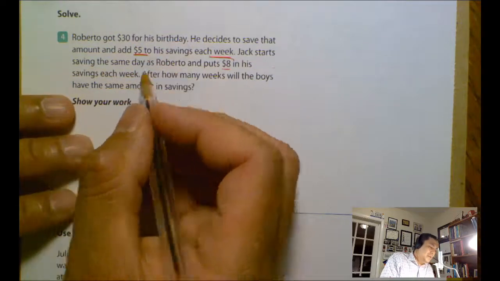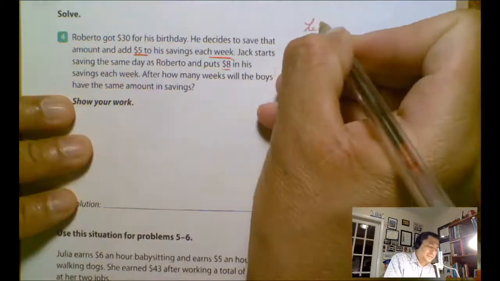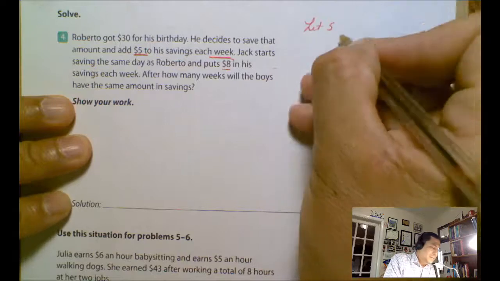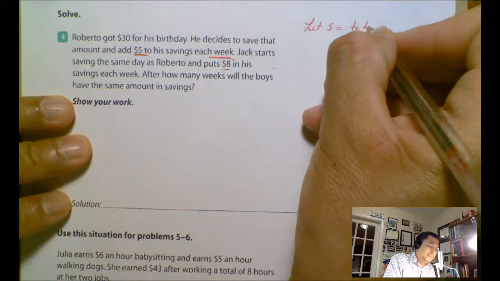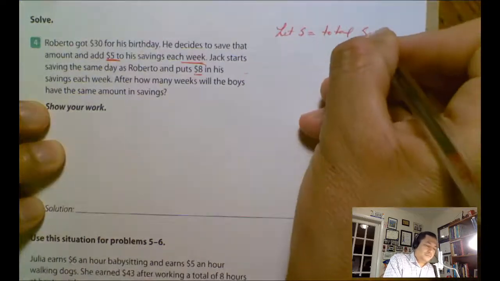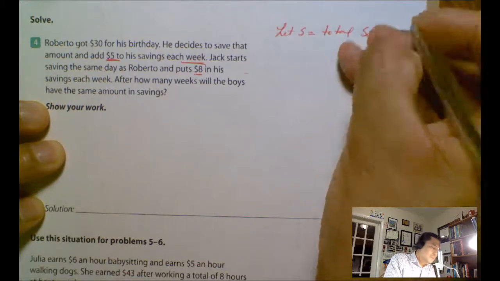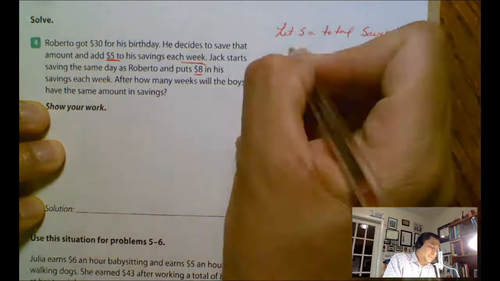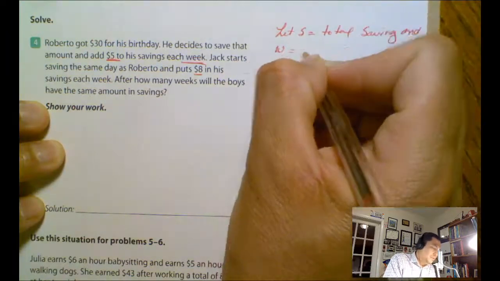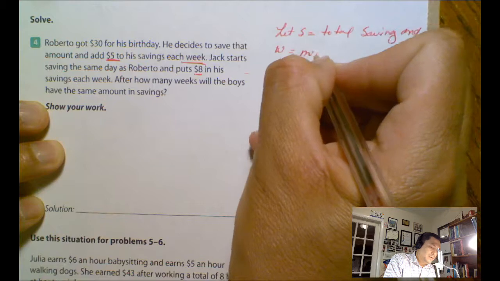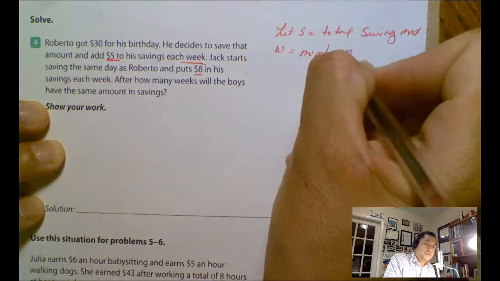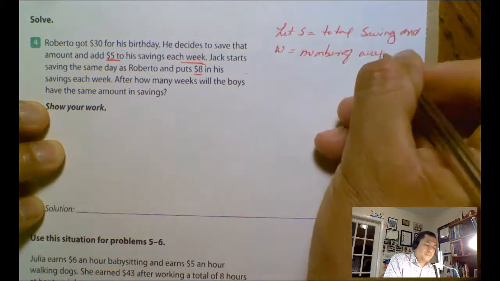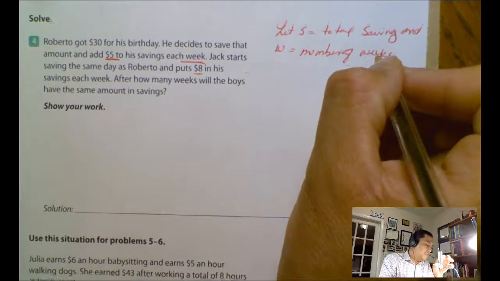So in this case, let me say let S equals the total savings and W equals the number of weeks. Okay.